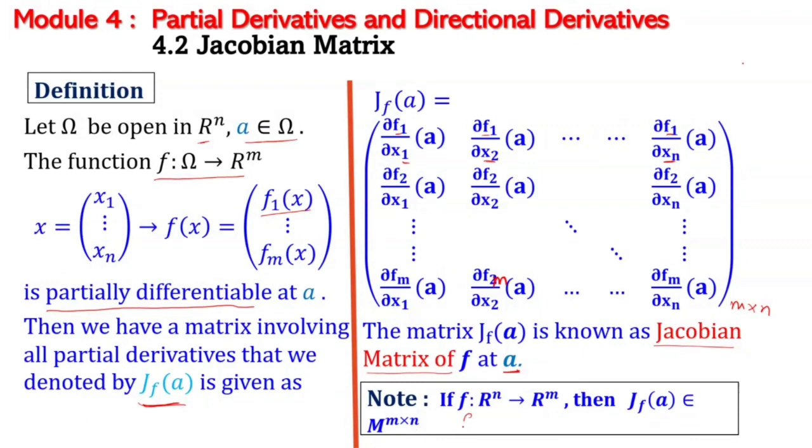So if f is from R3 to R2, then in this case JfA will be a 2 by 3 matrix.